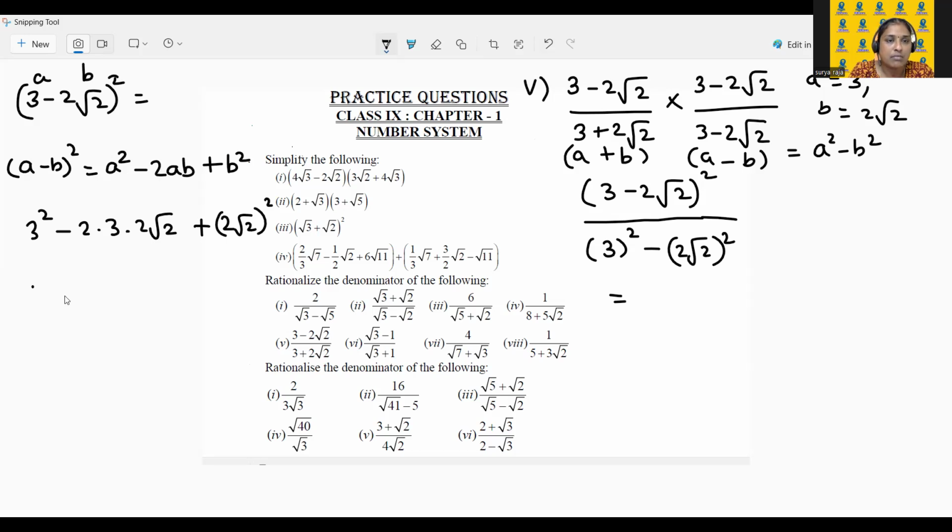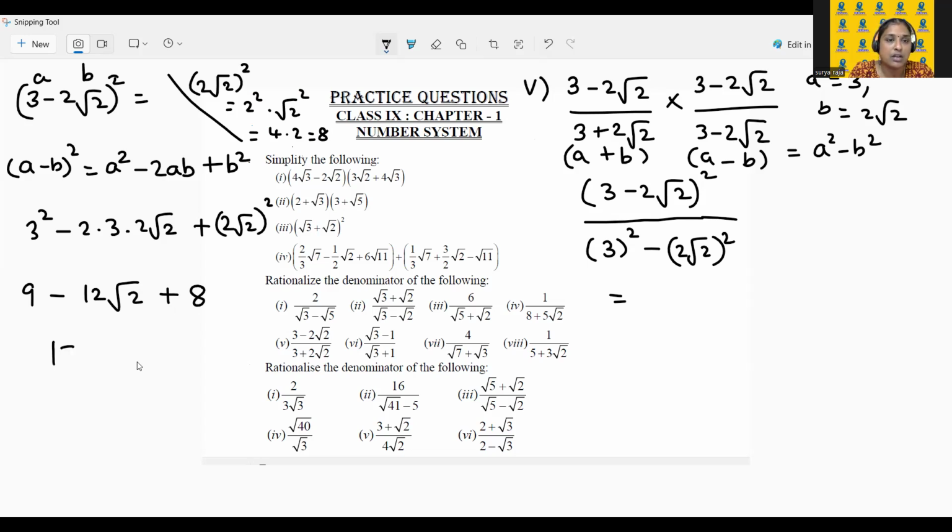Now I got 9 minus 2 times 3 times 2 would be 12 root 2 plus here, as I told you already, 2 root 2 the whole square would be 2 square times root 2 square. So it should be 4 times 2, 8. So what is the term here? 8. 9 plus 8 is 17 minus 12 root 2.